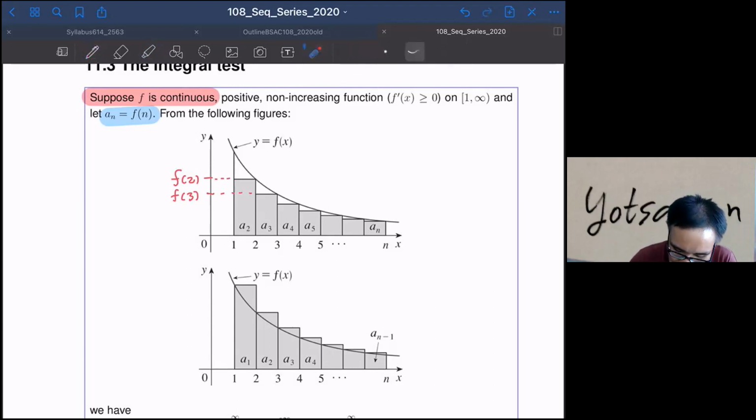If you consider the area of this first bar, it's going to be the height, which is f(2), equal to a_2, multiplied by the width. The width is equal to 1. So when the height is a_2 and the width is 1, the area turns out to be equal to a_2.